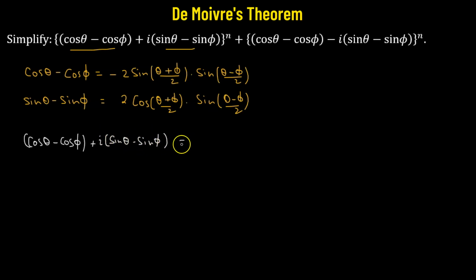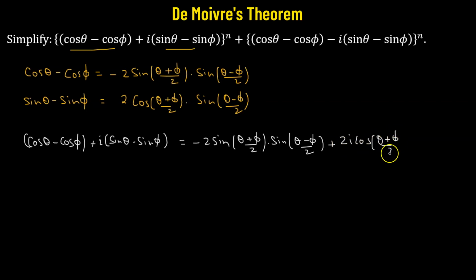So this will be equal to -2 times sine of (theta plus phi)/2 times sine of (theta minus phi)/2 plus, the second term becomes 2 iota times cosine of (theta plus phi)/2 times sine of (theta minus phi)/2. Now from the first term and the second term, we can take 2 times sine of (theta minus phi)/2 as the common factor.